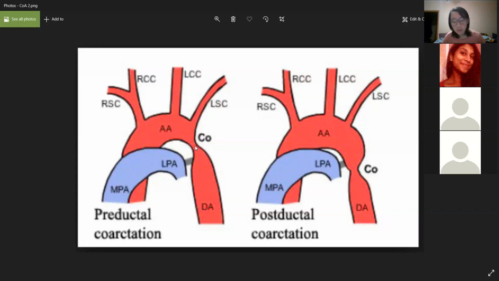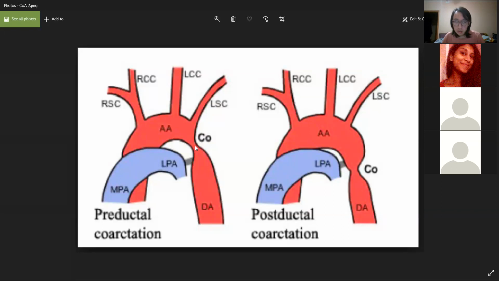The heart can be big, and the pulmonary circulation will also become congested. Your collateral perfusion as well, you see that it will try to compensate. The subclavian artery will be bigger and more prominent, and there's also notching of the inferior border of the ribs.